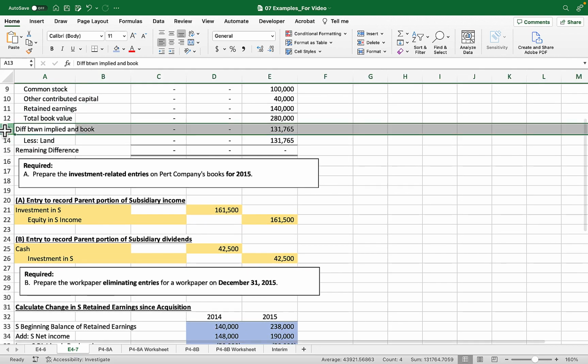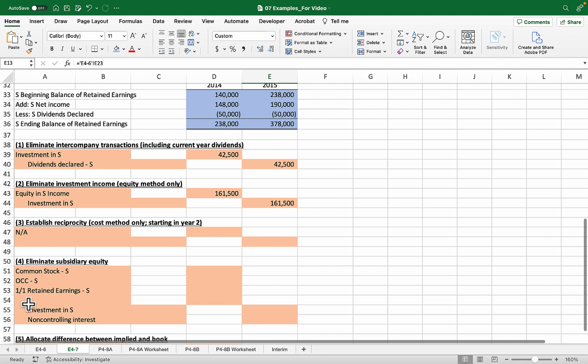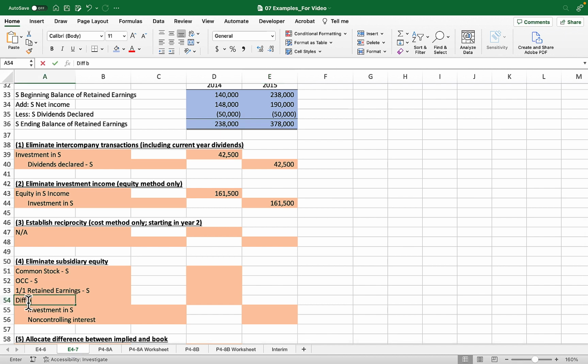And again, that is a positive number here. So we know that's going to be a debit in this entry. So even though our computation and allocation of differences schedule is prepared as of the date of acquisition, and we're now 2 years down the line, you can see we're still referring back to it. We're still getting a lot of information out of it.